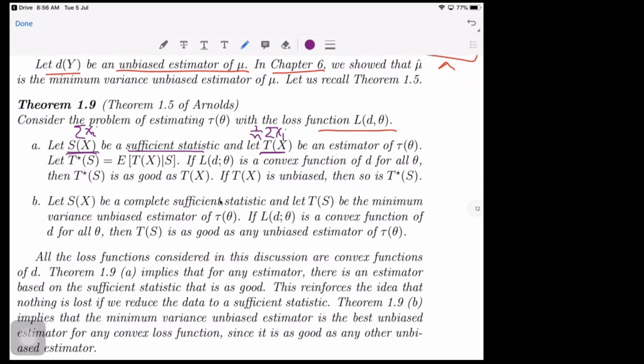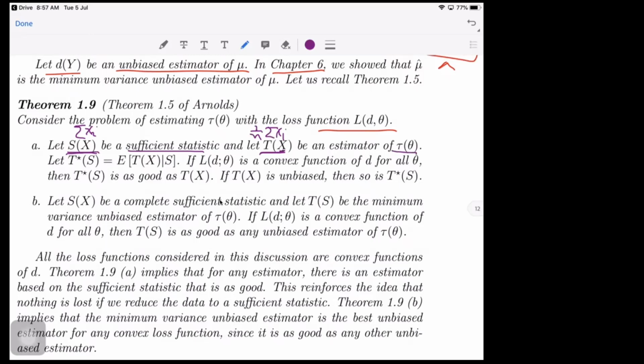We have shown that the summation of x is a sufficient statistic. A derivative of another derivative of x can be obtained by getting the average, so you divide by n. Of course, that is also an estimator of tau of x.